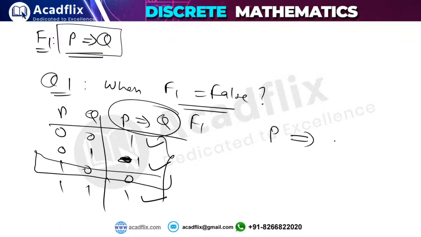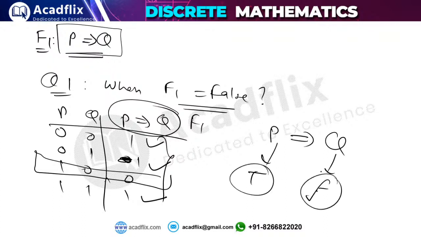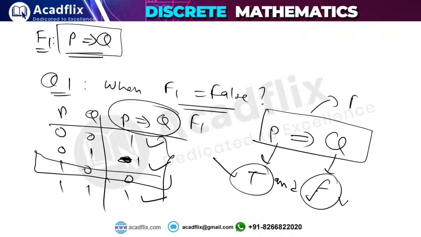In which case is F1 false? When P is true and Q is false. When P is true and Q is false, this F1 will become false. In all other situations, this formula F1 is true.